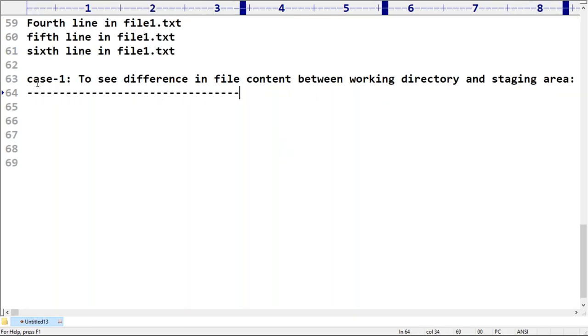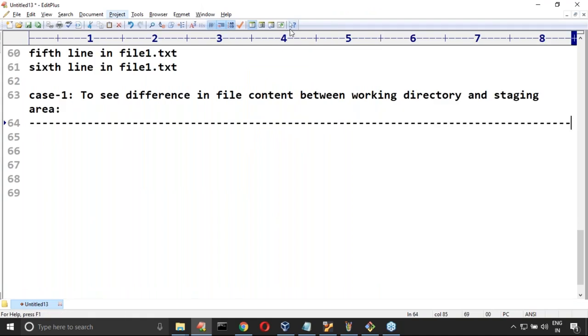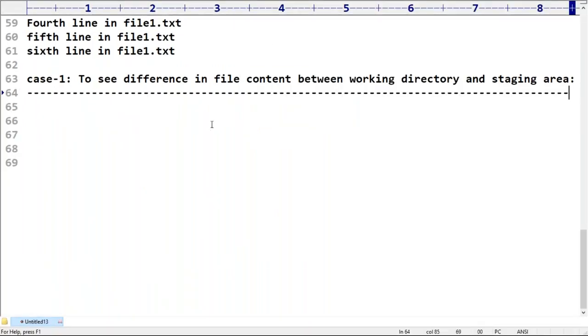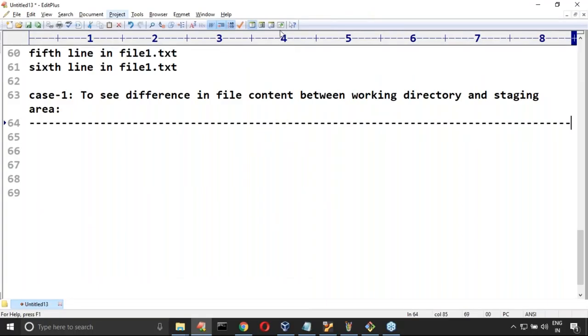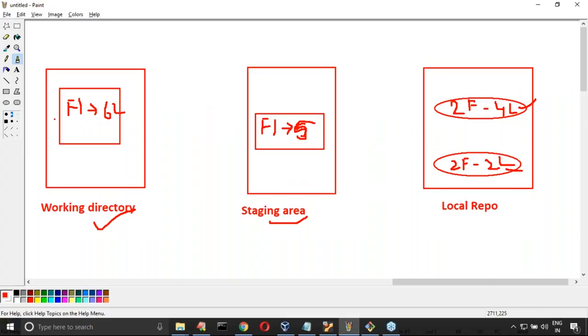Remember this very carefully, sir. I'm not talking about the local repository. Working directory and the staging area. I have to show the difference between these things, right? So working directory and the staging area, is there a difference in our content or not?